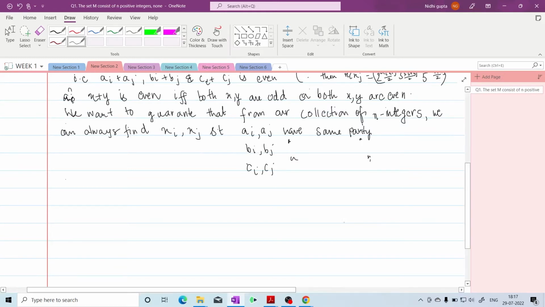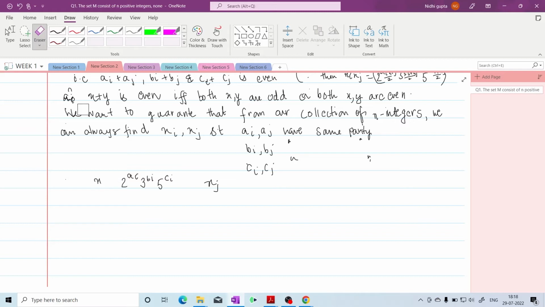So now we want this. Our xi was 2 raised to the power ai, 3 raised to the power bi, 5 raised to the power ci, and our xj was 2 raised to the power aj, 3 raised to the power bj, and 5 raised to the power cj. So from our collection we want two integers such that ai and aj have the same parity, bi and bj have the same parity, and ci and cj have the same parity.